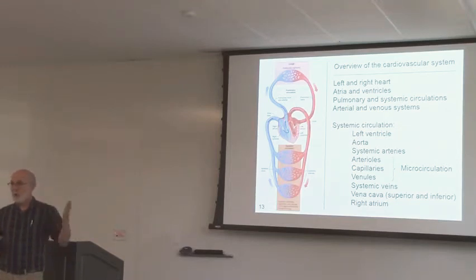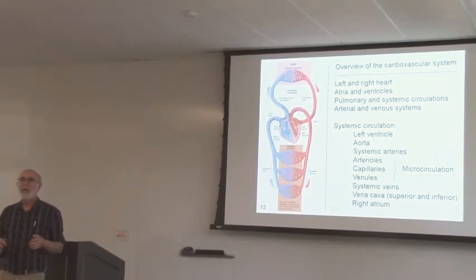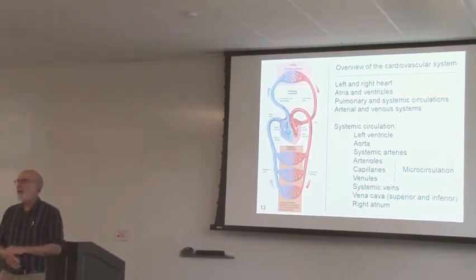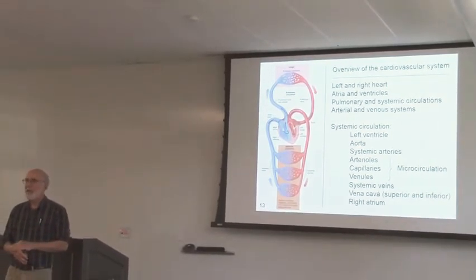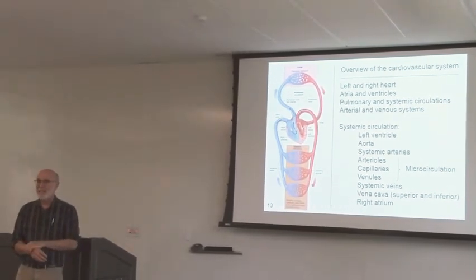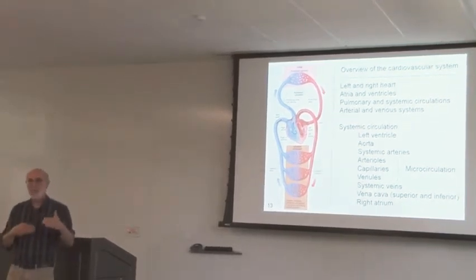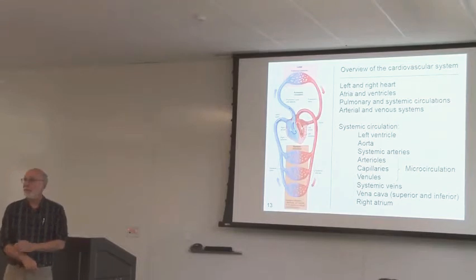So you walked into this room knowing what an artery was, or almost knowing. You walked into this room knowing what a capillary is. Most of you know capillaries are where blood exchange with the tissues happens. Those are the tiniest things. You may not have known the name arteriole, which is what lies in between an artery and the capillaries.